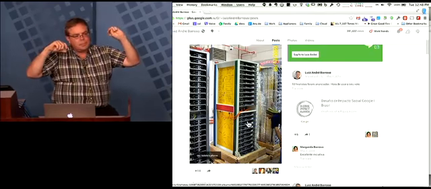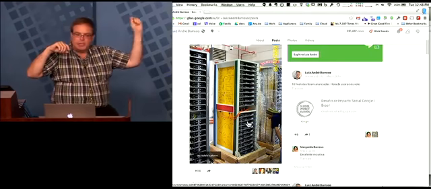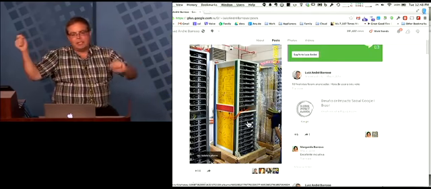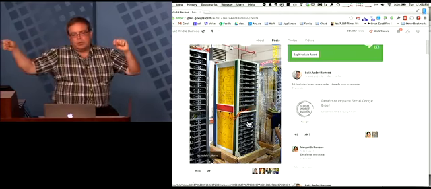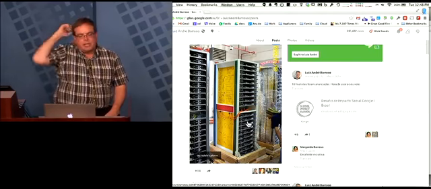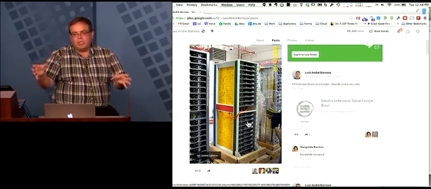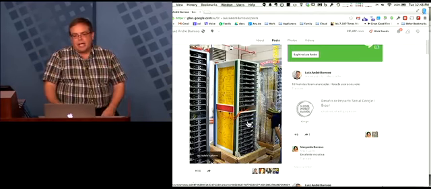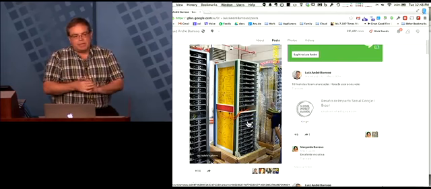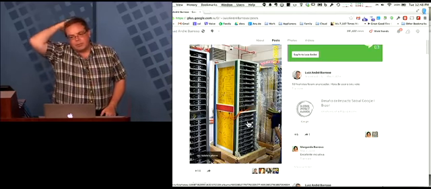Then your top of rack would have either 10 gigabit or multiple 10 gigabits bonded that goes to your row switch, and then you would have a set of data center switches after that. So you have limited bandwidth between nodes, and much of the optimization was to take advantage of that, or to work around the limited bandwidth between the nodes.